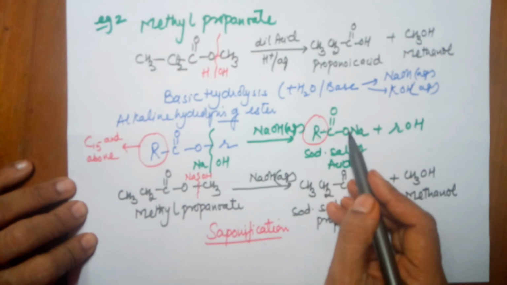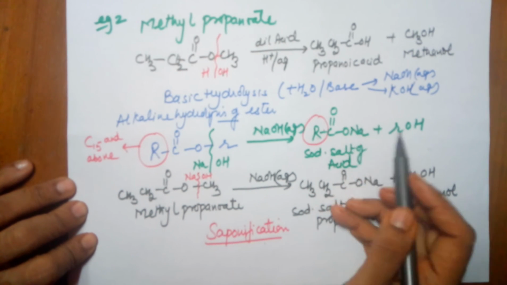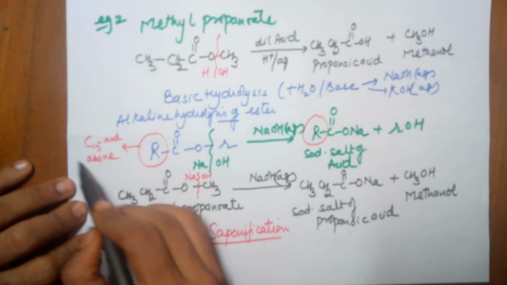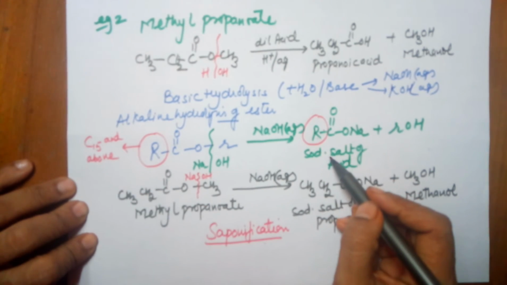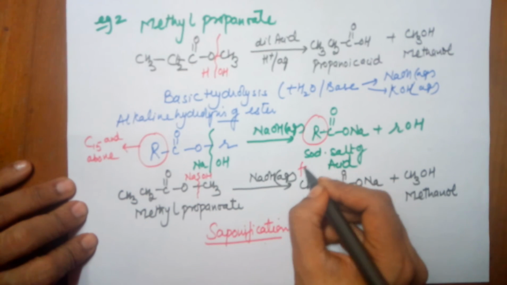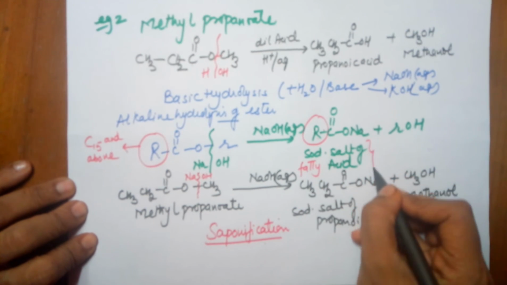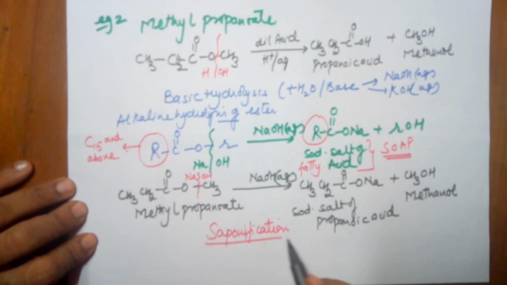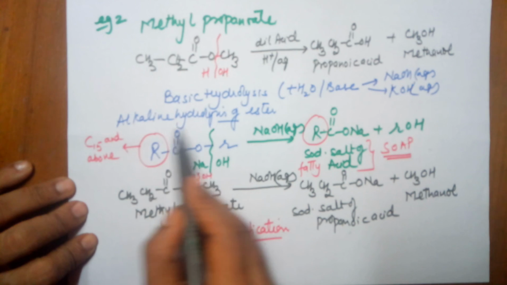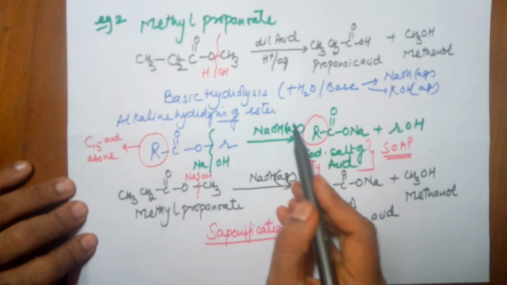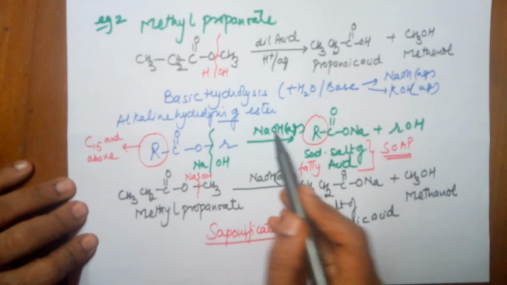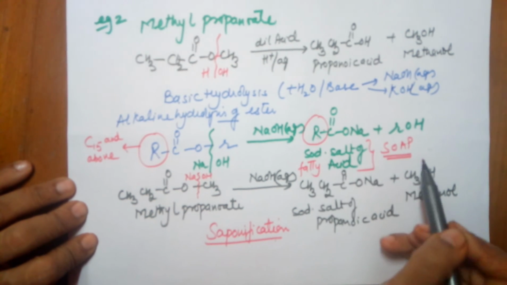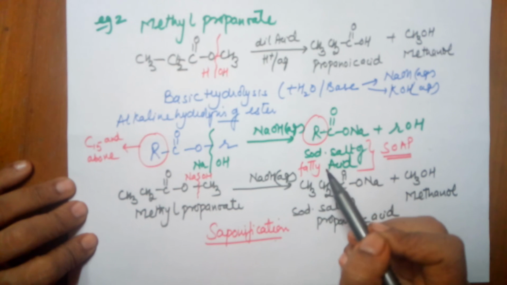And such a carboxylic acid which has a large number of carbons is called a fatty acid. So your product in that case, if the R group is bulkier, would be the sodium salt of a fatty acid. And this is nothing but soap. That's why the name of the reaction is saponification: if your ester is made to undergo hydrolysis in the presence of a base, the sodium salt of carboxylic acid that you get is the other name of a soap, only if the R group is large.